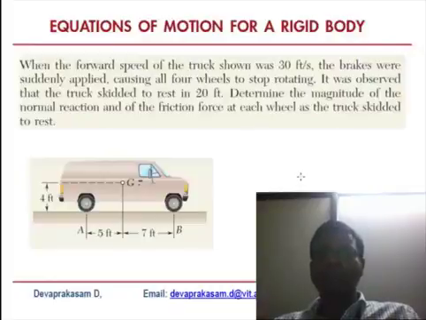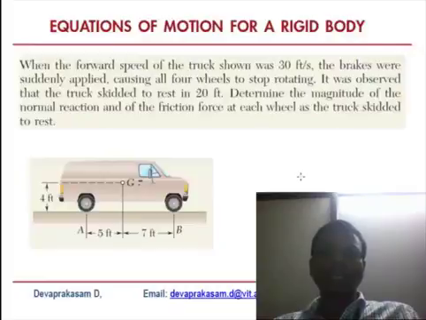So the truck probably skids because of the sudden braking. When it stops, there is still momentum, which causes a skidding, the rate of change of momentum. The truck skids to rest in 20 feet after the brake is applied.